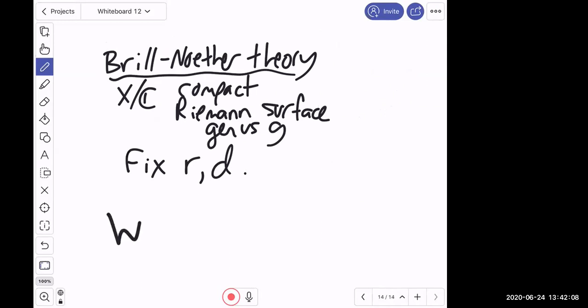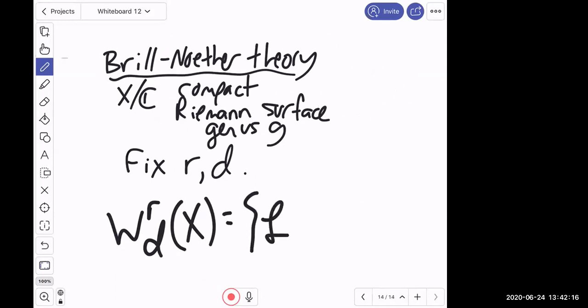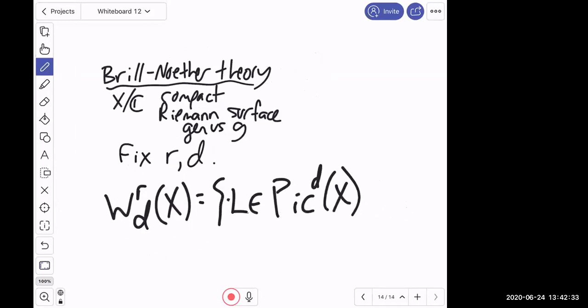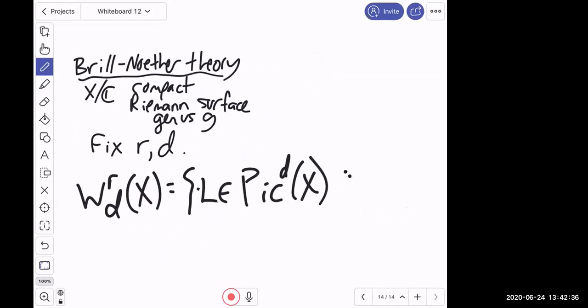And you can define what's usually called W^r_d(X). So that's the set of line bundles, I guess to be consistent, I should write it in Roman font, not calligraphic. Let's say pick d, so degree d line bundles on X, such that the rank is at least this number r.